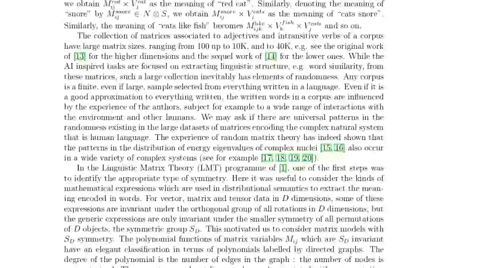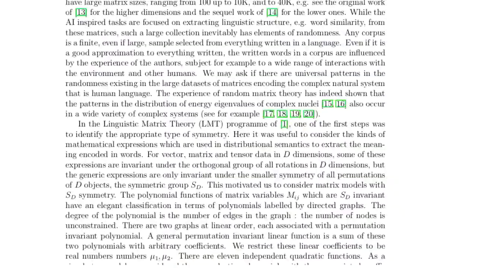Any corpus is a finite, even if large, sample selected from everything written in a language. The experience of random matrix theory has indeed shown that the patterns in the distribution of energy eigenvalues of complex nuclei also occur in a wide variety of complex systems.